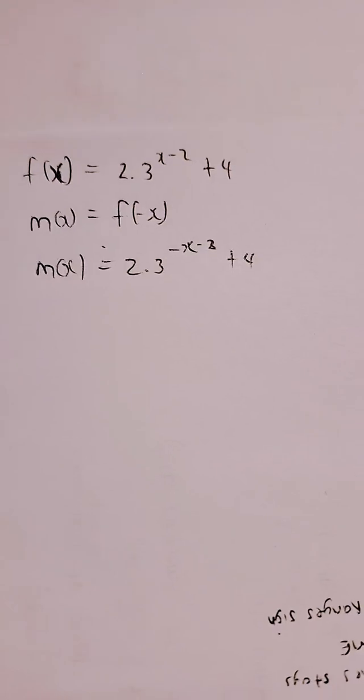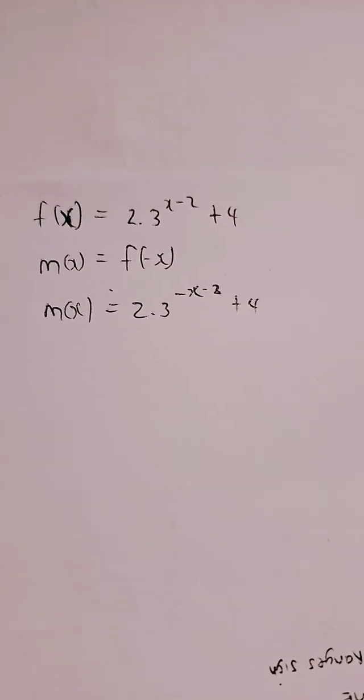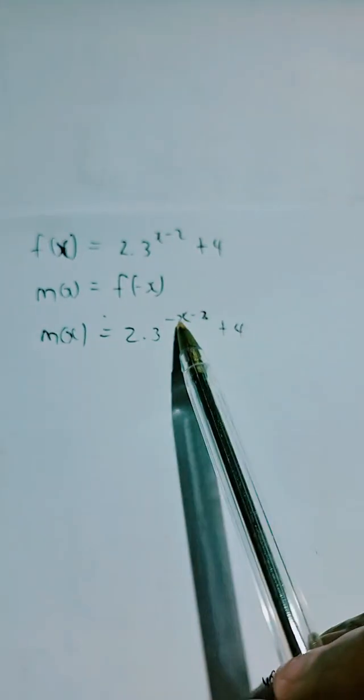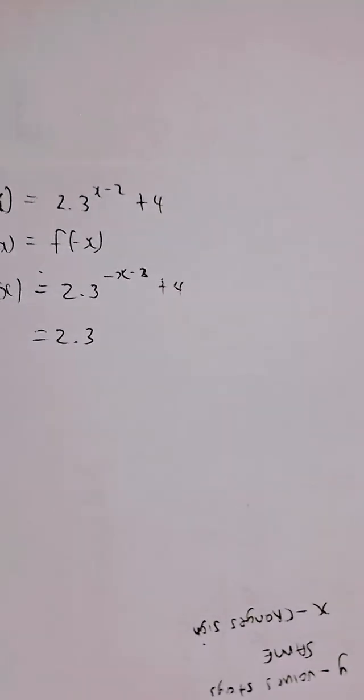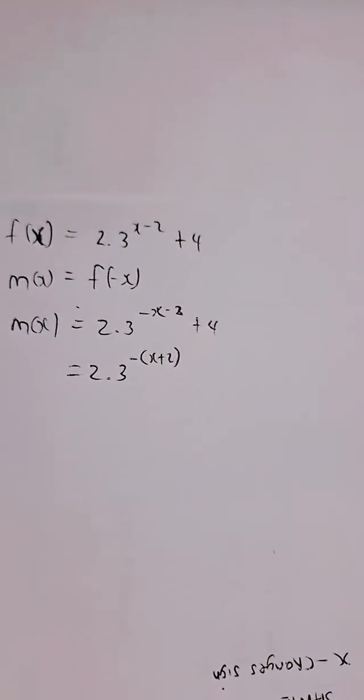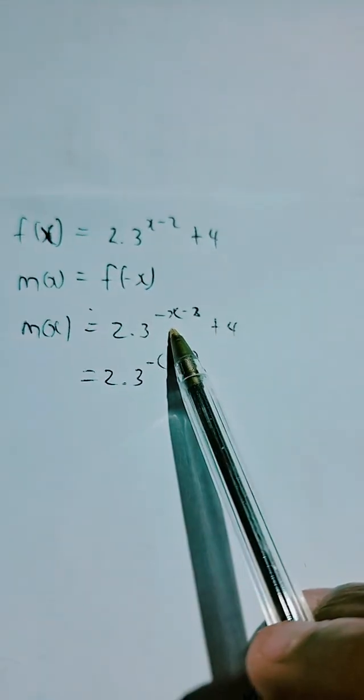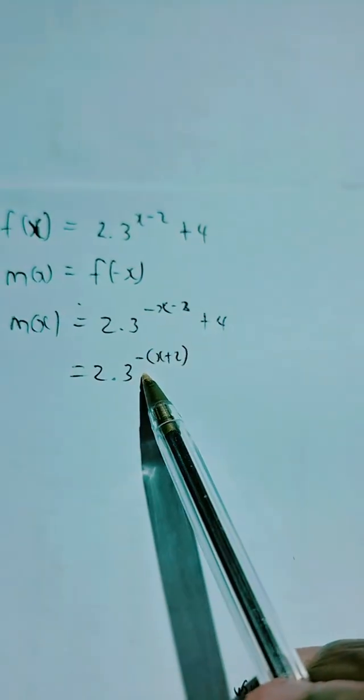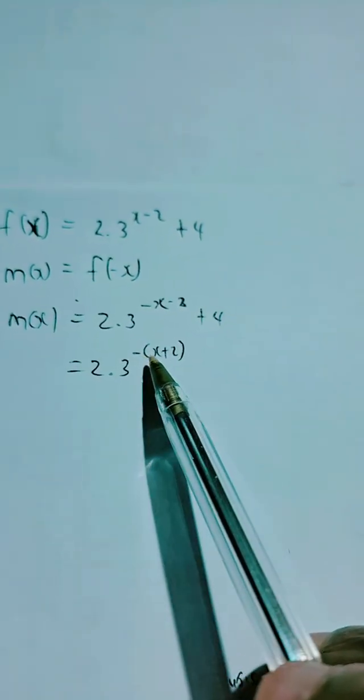Very simple, guys. Now that we have this, we are going to take out the highest common factor. So let's take it out. Take out the negative sign, minus 1, no letter.